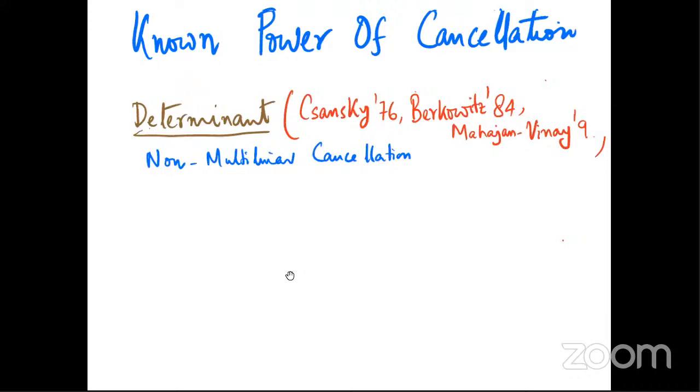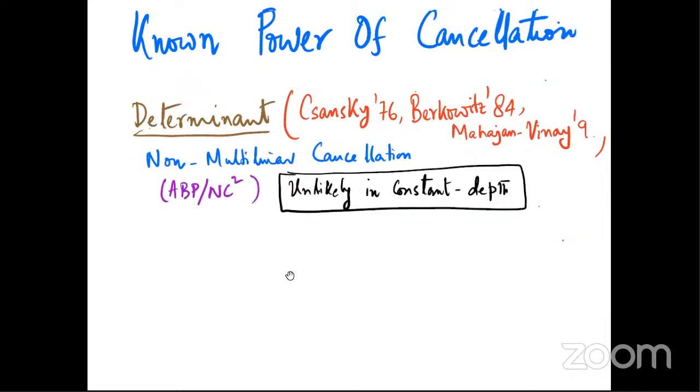This is, in some sense, the fanciest cancellation, because while computing the determinant efficiently, which is a multilinear polynomial, you start generating monomials that do not even occur in the determinant. Then, by magic, those monomials completely cancel out. This is what I'm calling non-multilinear cancellations. This is a very powerful form of cancellation, and those cancellations help you compute a function like the determinant. There are many algorithms known there.